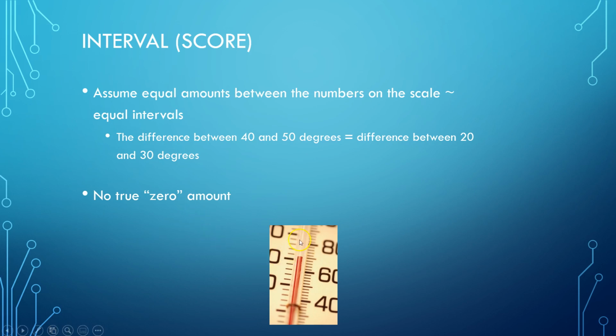Temperature is an example: I don't know that I've ever been somewhere where it's 0 degrees, and I can't say I'm unhappy about that, but maybe some of you have. When it's 0 degrees, what is the temperature? Well, it's very cold, right? 0 doesn't mean the absence of temperature, that when it's 0 degrees, there is no temperature, correct? And so we say for an interval scale, there is no true zero.